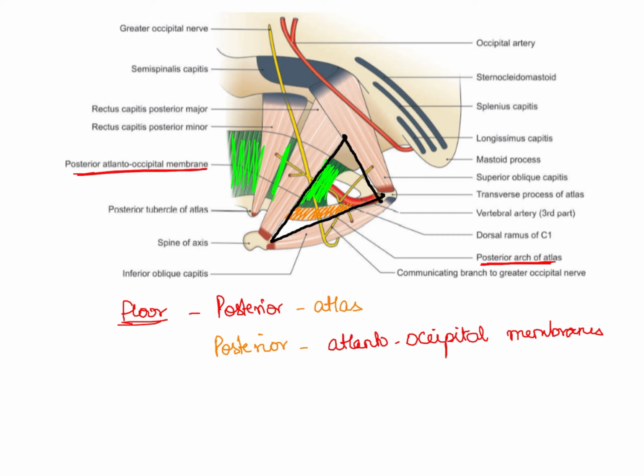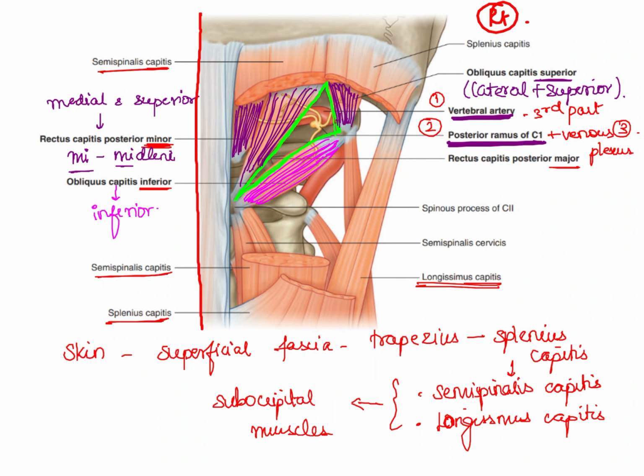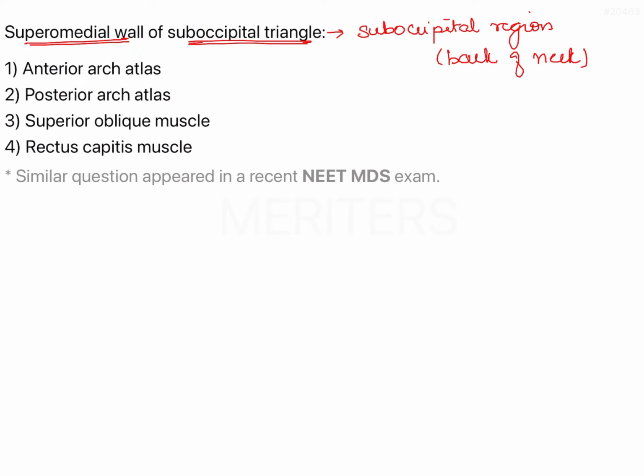So these are the different boundaries of suboccipital triangle, including the floor and the important contents which I have stated in the previous picture. Now getting back to our question, we are very familiar with the boundaries of suboccipital triangle. Let's recollect once.